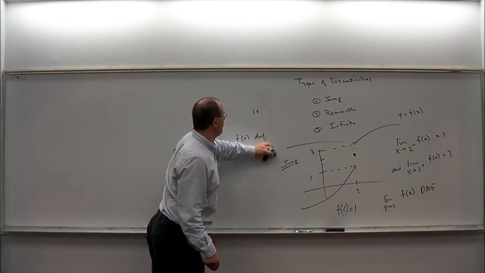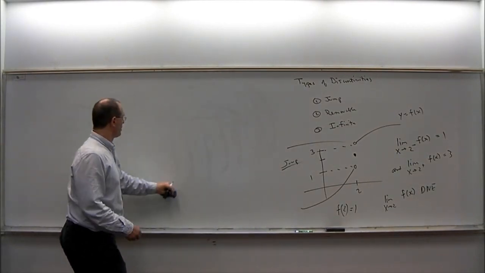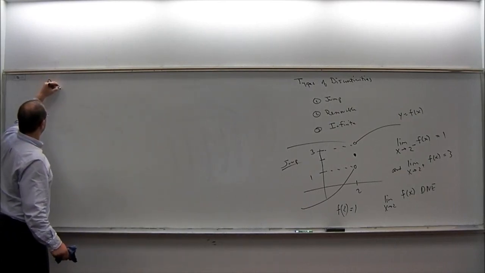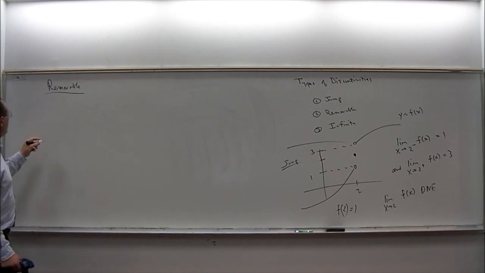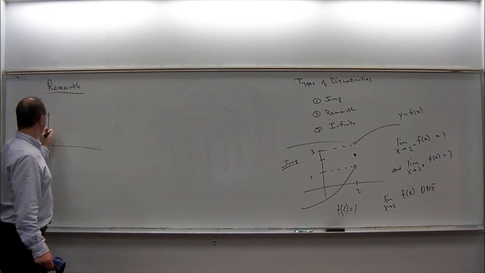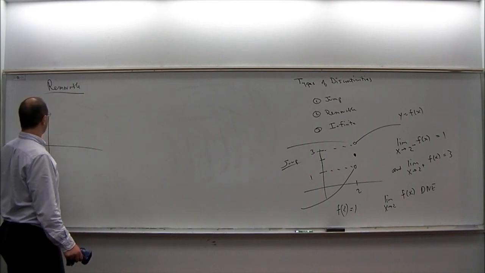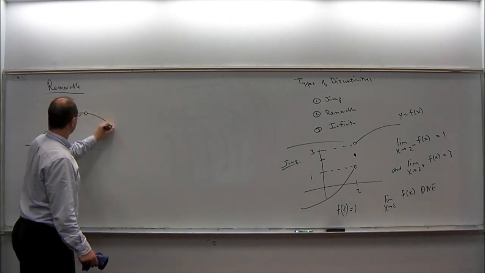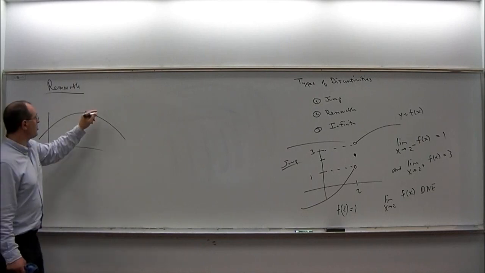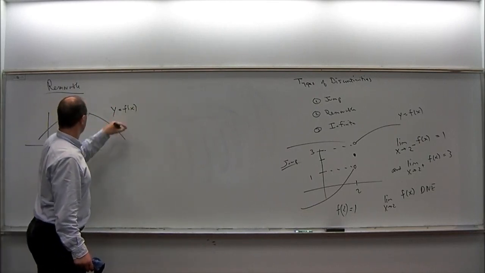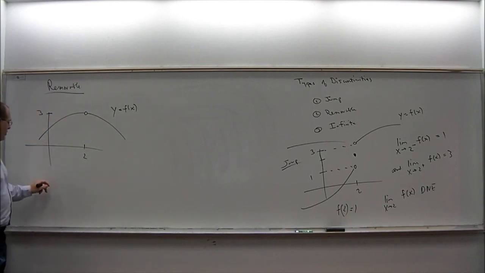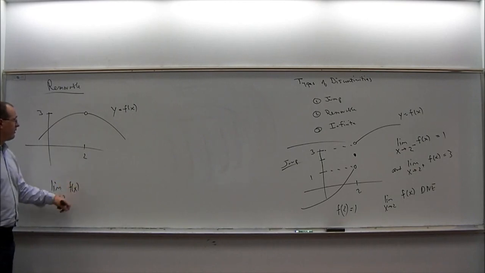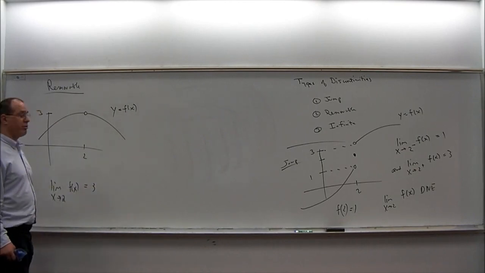Now we'll look at the removable discontinuity. That situation looks like this. Suppose this is y equals f of x. Let's suppose that's 2 and that's 3. Here we have the limit as x approaches 2 of f of x equal to 3.